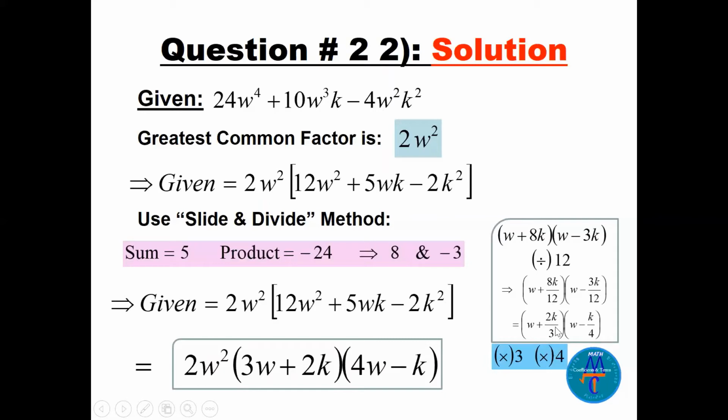Now, the first factor here, I multiply by 3 to remove the fraction. Here multiply by 4. So what do I get? 3w plus 2k, 4w minus k. And don't forget the common factor here, 2w squared. That's part of the answer. Sorry for this slide and divide, but this is the method here.